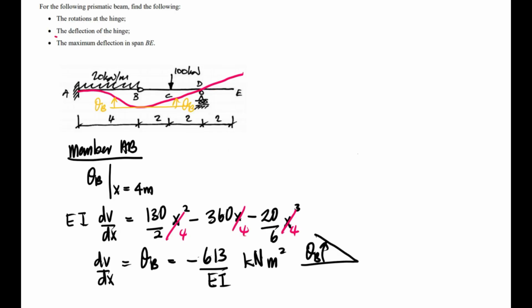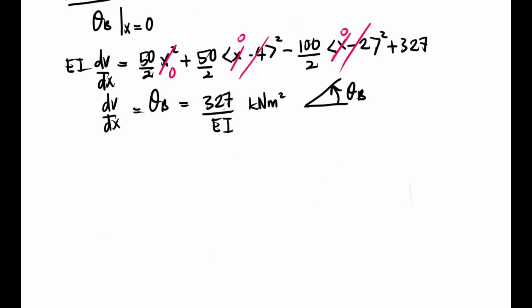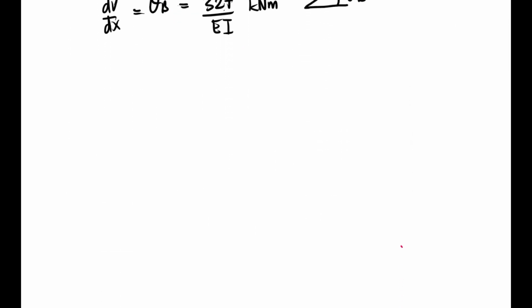Okay, now we want to define the deflection of the hinge. In this case, you can use either the member AB equation or the member BE equation to define the deflection of the hinge. Okay, so I choose to use the member AB equation.